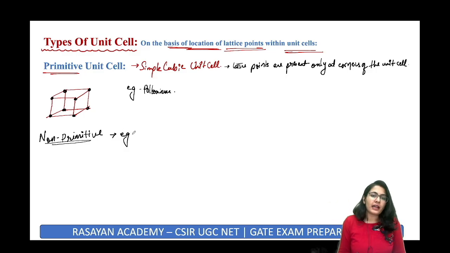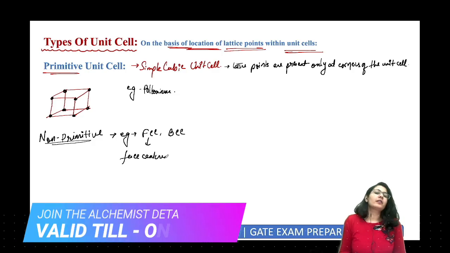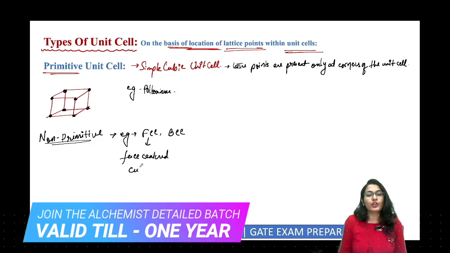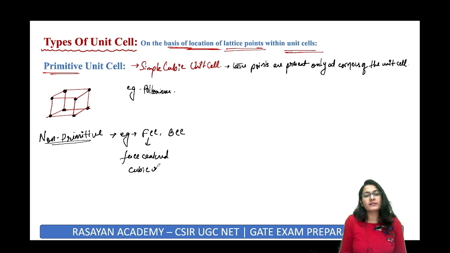For example, I'm directly writing this. Okay. For example, FCC, BCC. FCC is face-centered cubic unit cell. BCC is body-centered cubic unit cell.